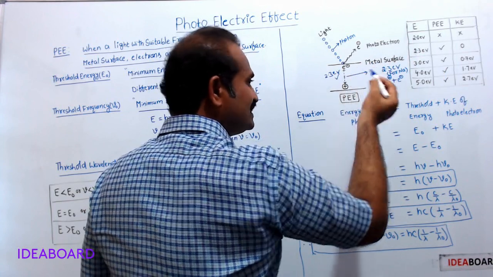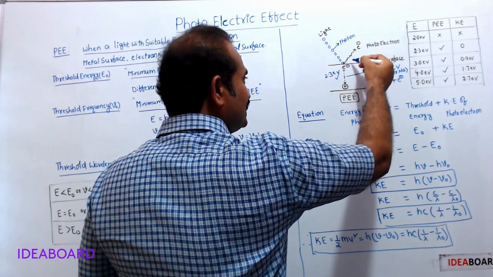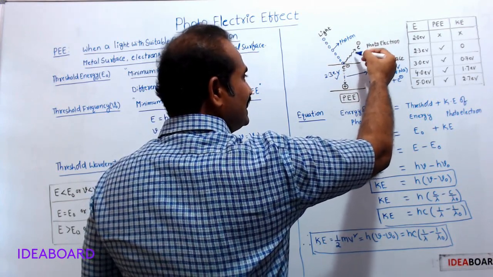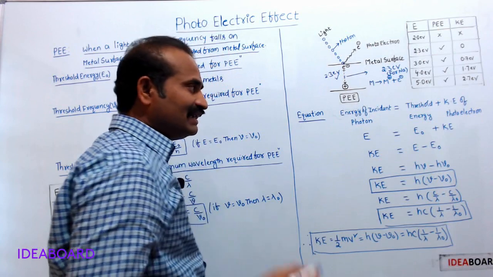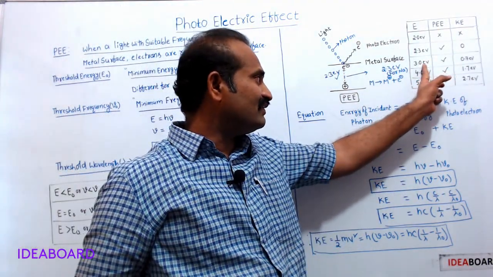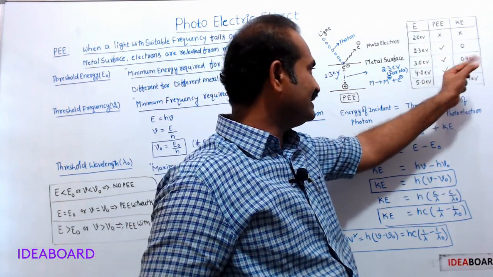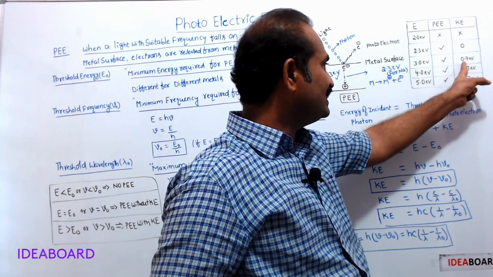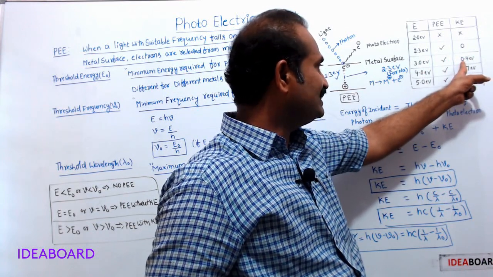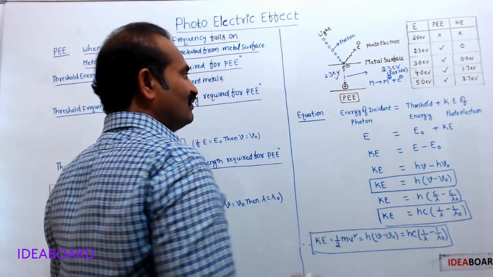The remaining 0.7 electron volts turns into kinetic energy. By using that kinetic energy, the ejected electron moves away from the metal surface. Therefore if incident photon energy is 3 electron volts, the photoelectric effect takes place, and moreover the released electron moves with kinetic energy 0.7 electron volts.